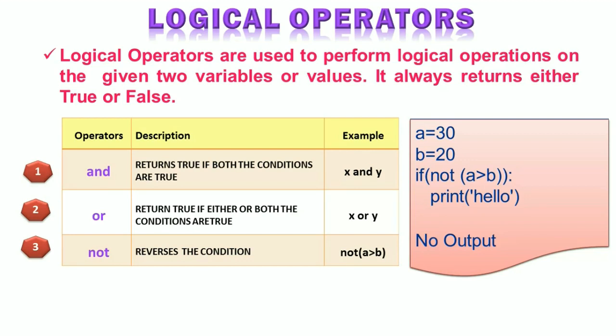So that's why it will not print any output. No output will be generated. Hope the idea of logical operators is clear to you. I'll be showing these operators with different examples using Python IDLE in my next videos.